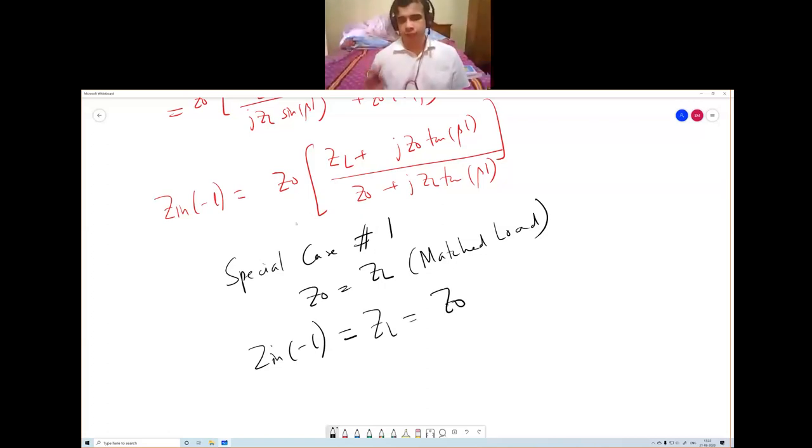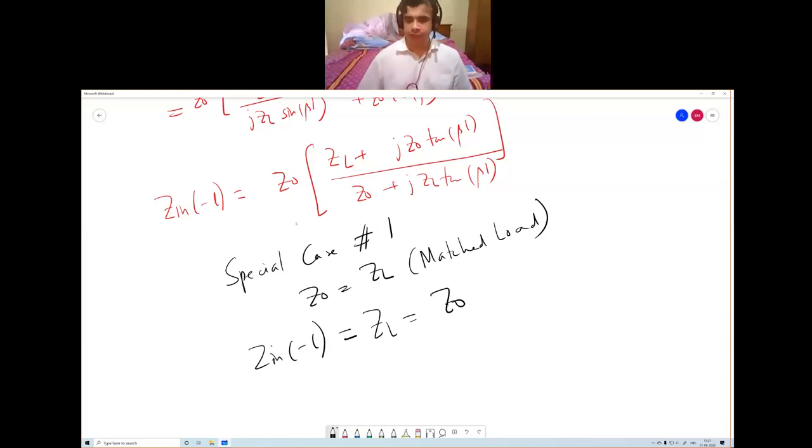Okay. So see things. Number 1, Zin of minus L is now independent of L. There is no L in the right hand side. Is it okay? Zin of minus L is now totally independent of L. Can we say that? Yes, sir.